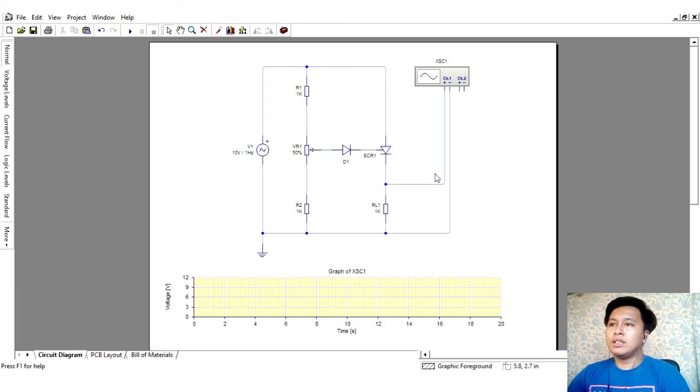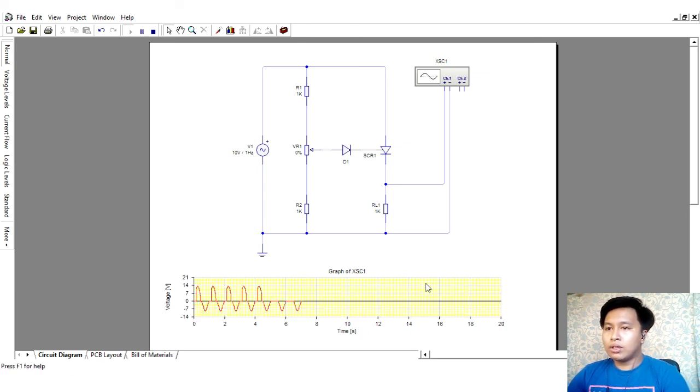So we can see here in the simulation, if we put the potentiometer at 0% and create the graph to fit the data, we can see that the angle is at 0 degrees.